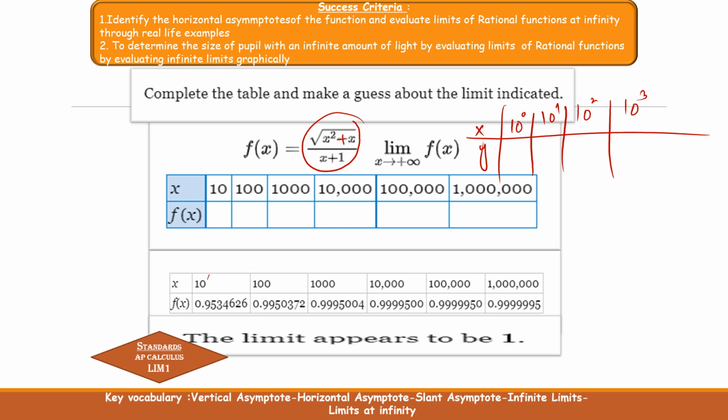Then on 10 to the power of 1, the answer is 0.953. Then 10 to the power of 2, you will have 0.995. Then 10 to the power of 3, you will have 0.99. If you approximate, there is stability. The stability says that the function is equal to 1 when x is approaching positive infinity.